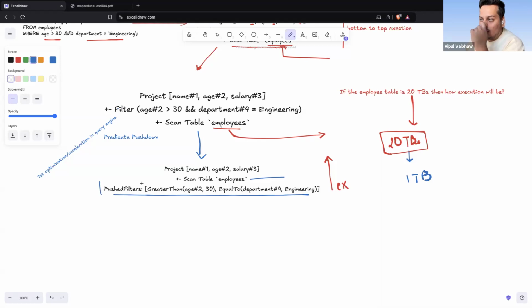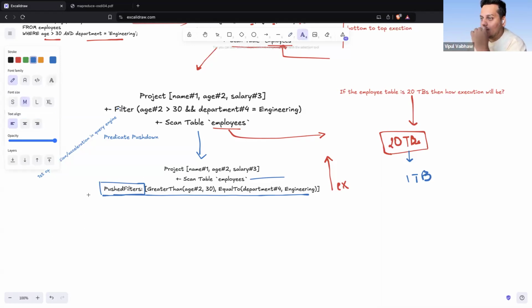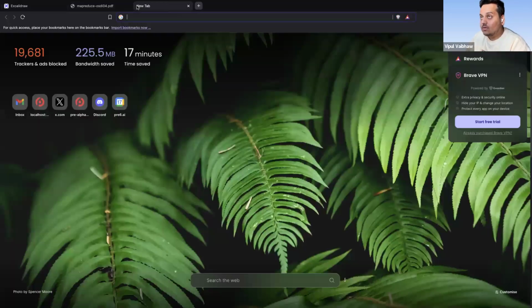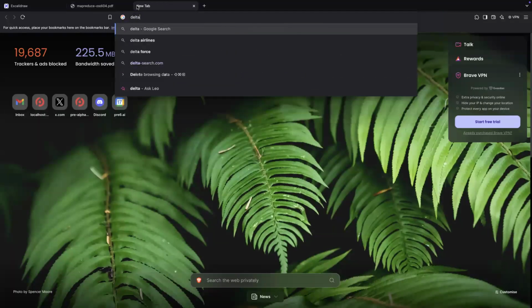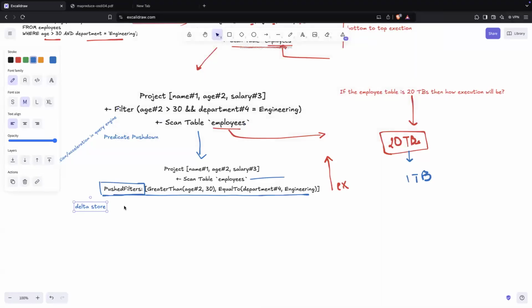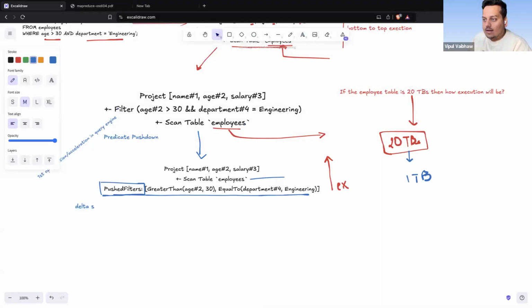The filters are pushed down, and remember, push down filters need support from your storage as well. So your storage needs to support this. For example, I think I have been out of touch with the data world, but if I'm not wrong, there is storage like Delta Lake.